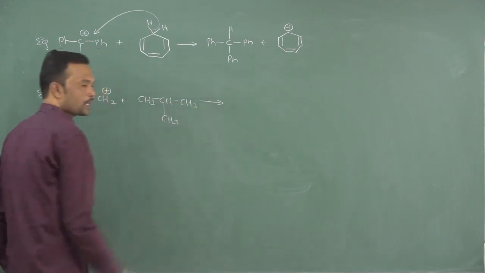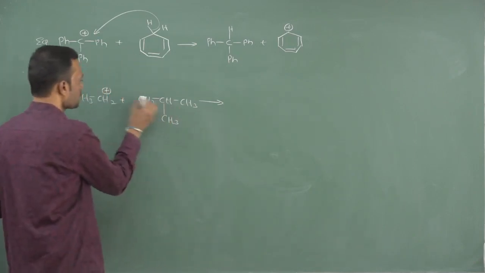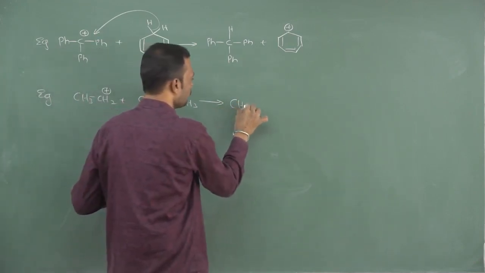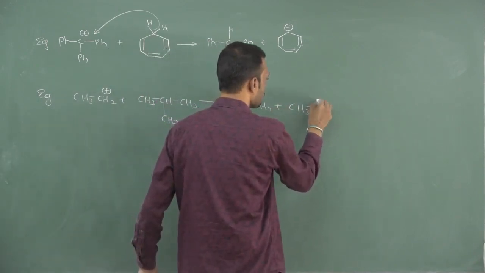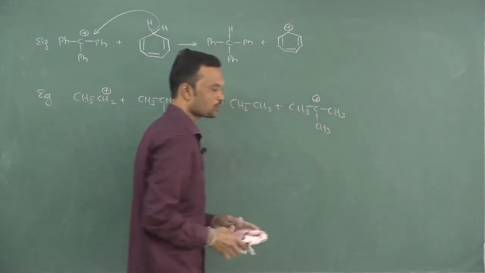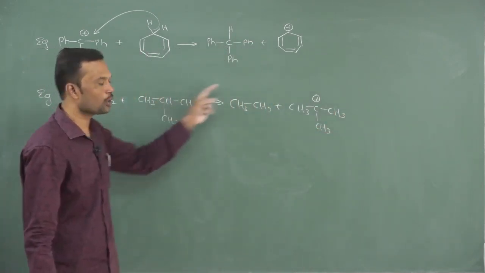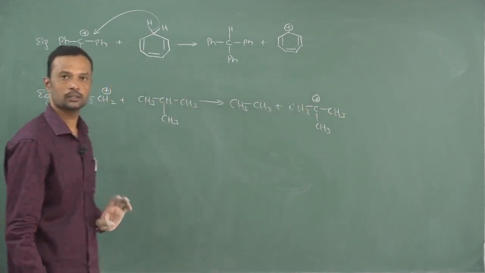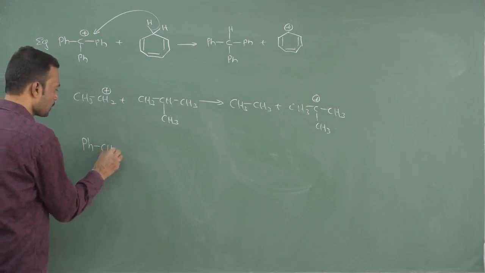Whether this reaction is possible or not, they may ask in the exam. Now, how to write? Remove this hydrogen and add here. After adding, you may get an alkane. Now, what about this carbon? This carbon becomes a carbocation like this. So, based on this, we can say that the used carbocation should be less stable than the formed carbocation, then only the reactions are possible.